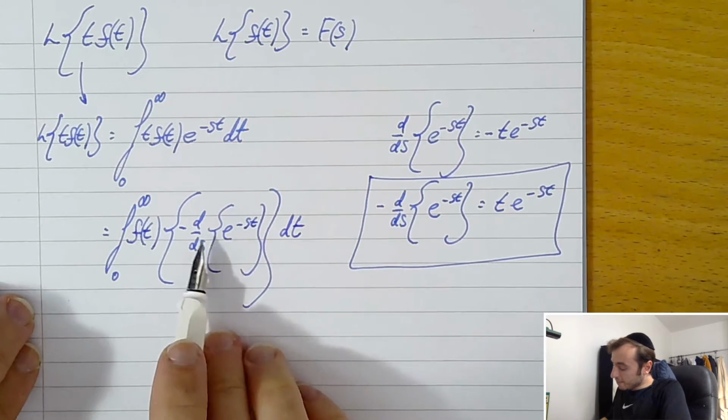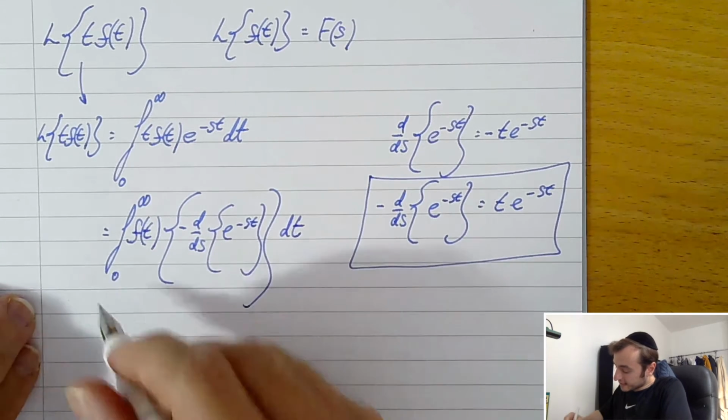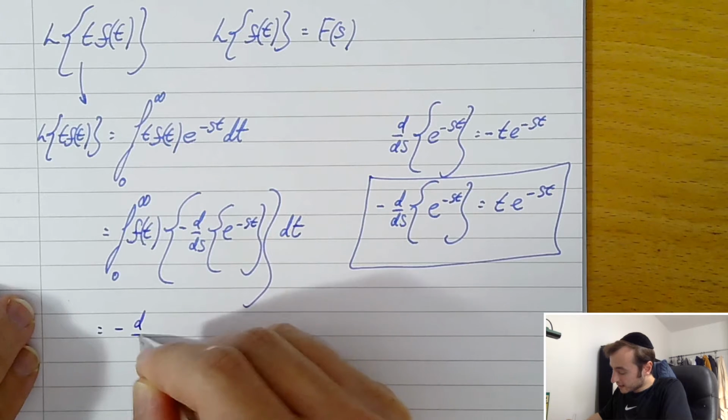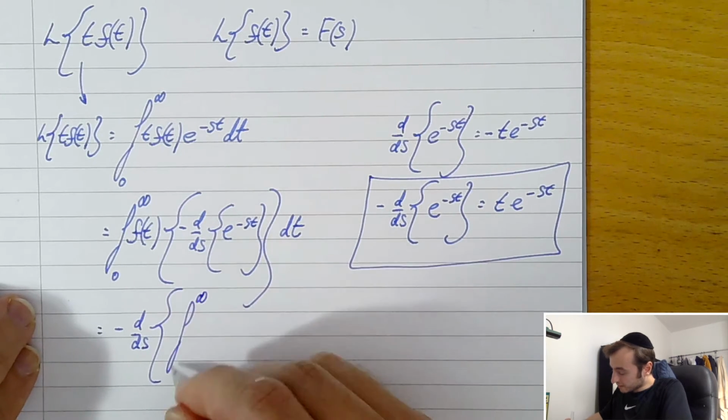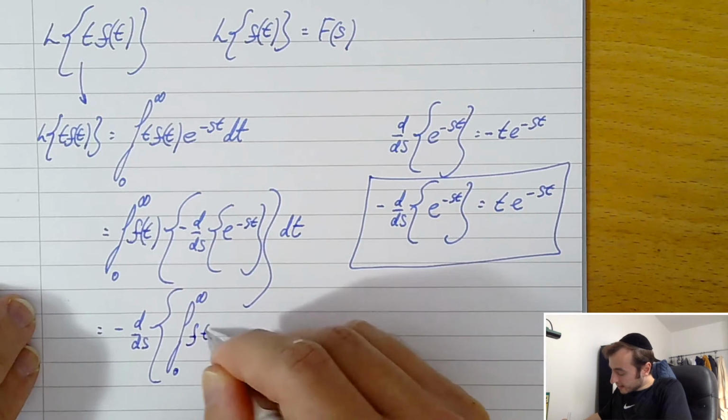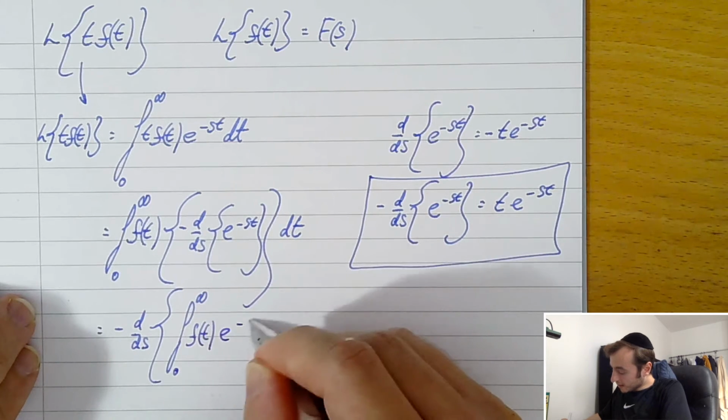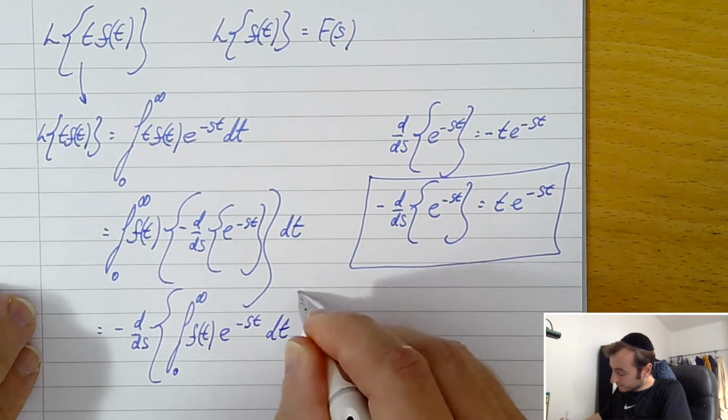Now what I can do is take the negative d by ds out of the integrand, and then say f of t e to the minus st dt.